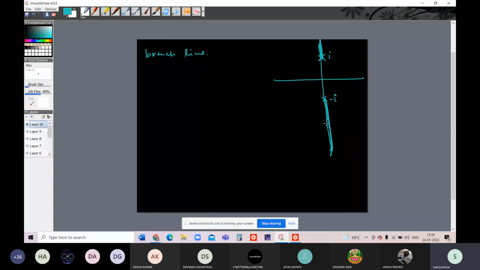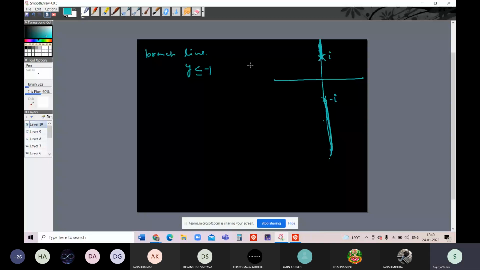this line, y is less than or equal to -1. This portion is y is less than or equal to -1, and this portion is y is greater than or equal to 1.